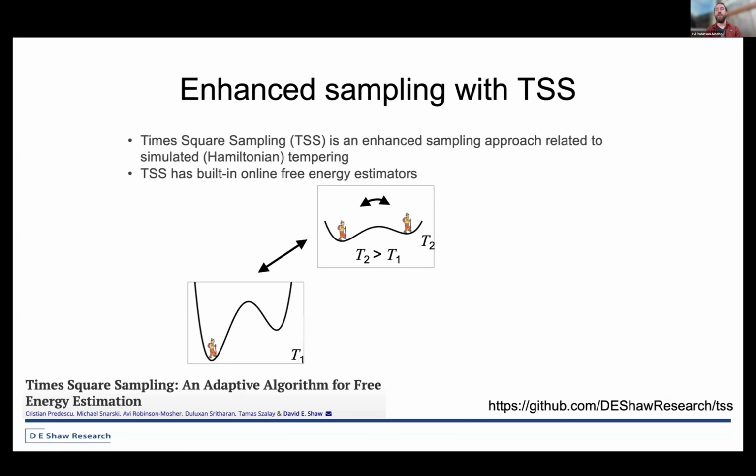At that temperature, the effective energy barrier is lower, so you can cross back and forth between the two wells, and then go back to the lower temperature parameters and still be in that other energy well. So it lets you explore in a balanced way the different energy wells, even though there's a high barrier that you can't easily cross at the default Hamiltonian.